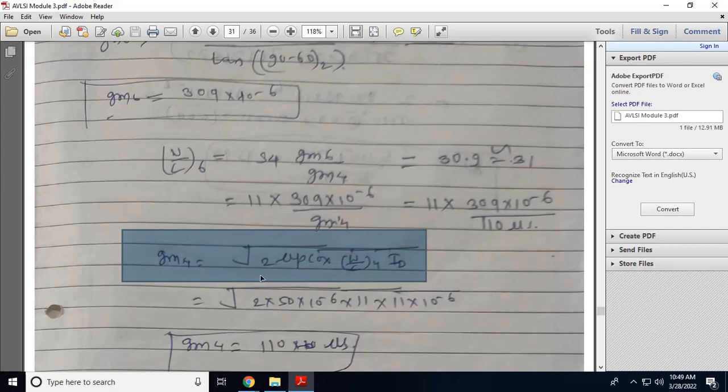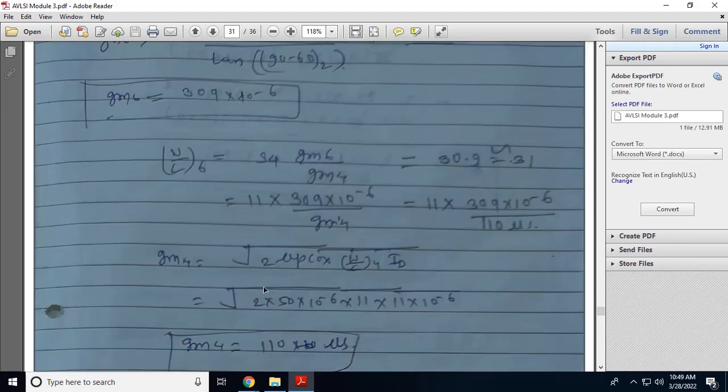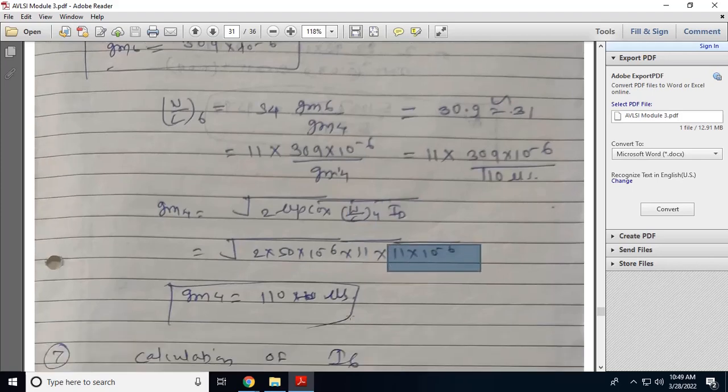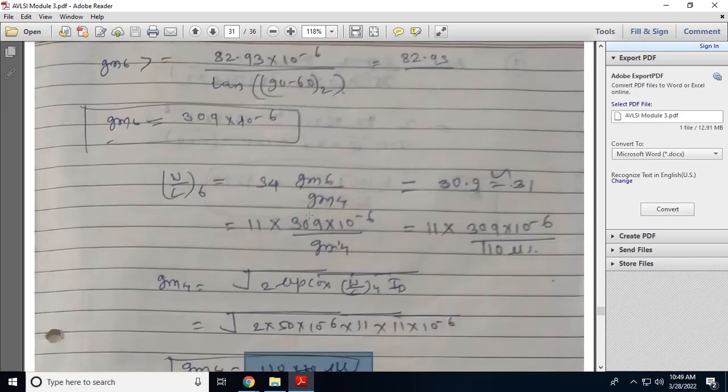So Gm4 is equal to square root of twice mu p Cox W by L ID. Twice mu p Cox is 50 micro, size of 4 is 11, ID is 22 divided by 2, that is 11 microampere. So Gm4 is 110 micro Siemens. So we can put here Gm6 and calculate the size of 6, which is 31.